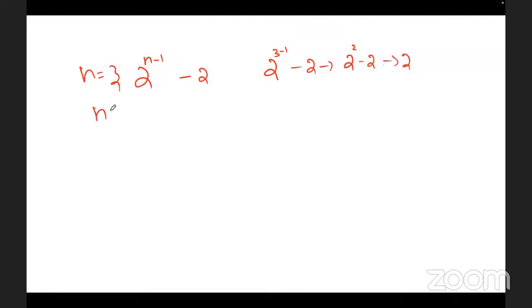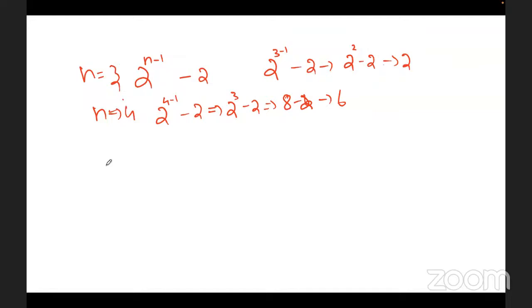If the n value is 4, then 2 power 4 minus 1 minus 2 means 2 power 3 minus 2. What is 8 minus 2? Sorry, 8 minus 2 is 6.